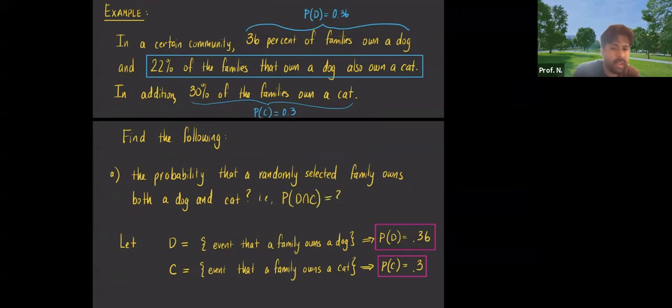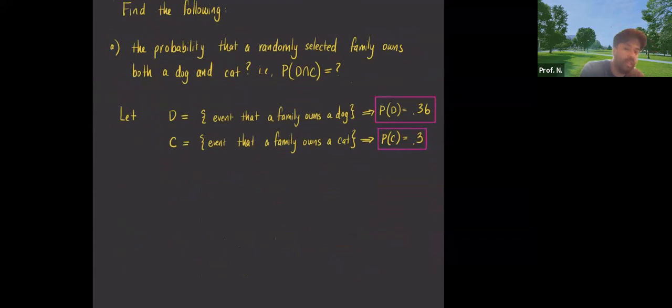So 22% is not what we're trying to find. 22% is what Ethan just mentioned. That's right. This is the probability that you have a cat given that you already own a dog. So in this case, we're given the conditional probability from the beginning. The probability that you own a cat given that you already own a dog is 0.22.